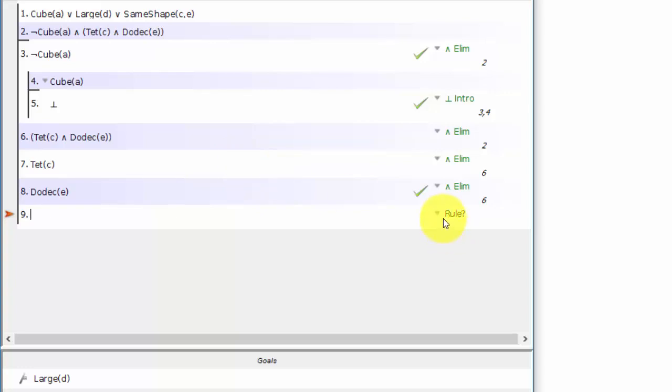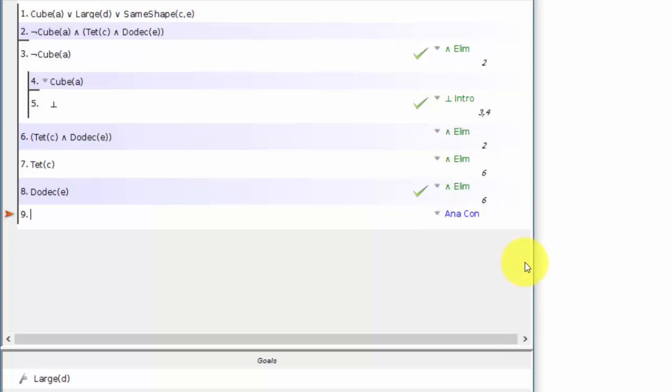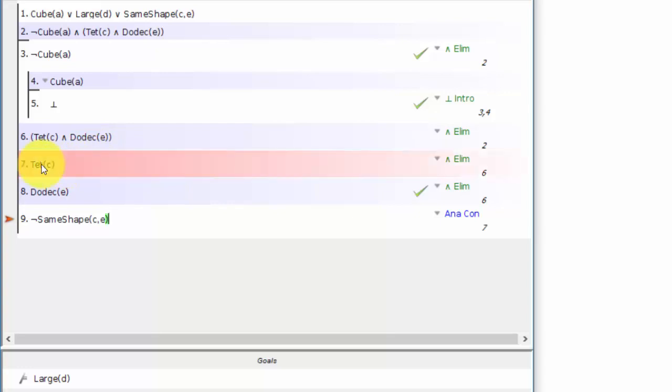And now, by AnaCon, I can infer that it's not the case that C and E are the same shape. Why?